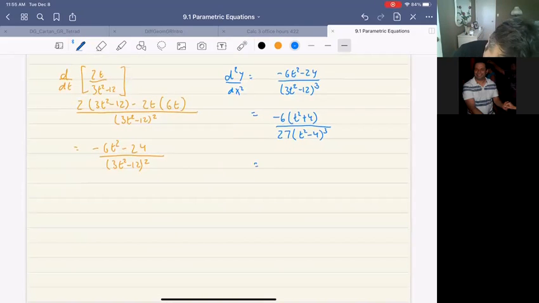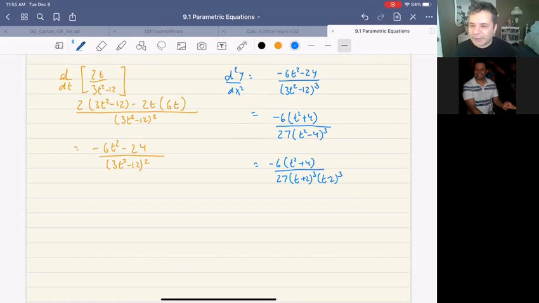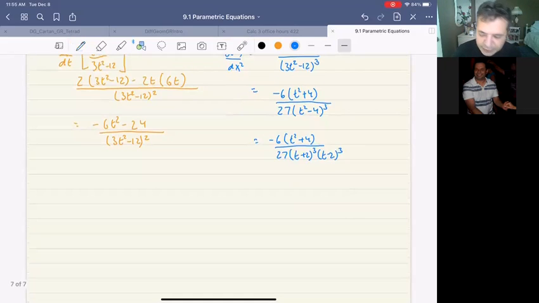This is going to be negative 6 times t squared plus 4, over 27 times t plus 2 cubed times t minus 2 cubed. Now, to analyze this is something I teach a lot in college algebra.